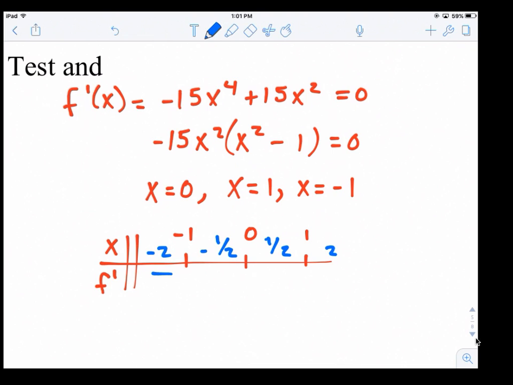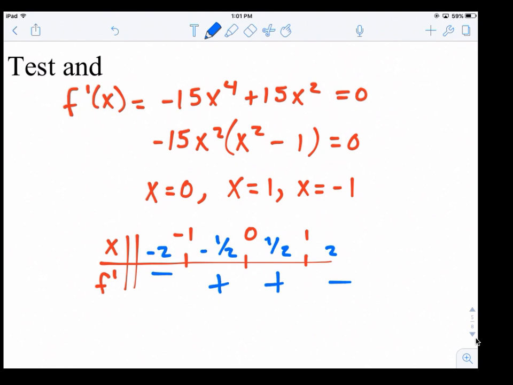Negative 1/2 would be negative and negative, so that's positive. 1/2 would be negative and negative, so that's positive. And then 2 would be negative and positive, so that's negative.